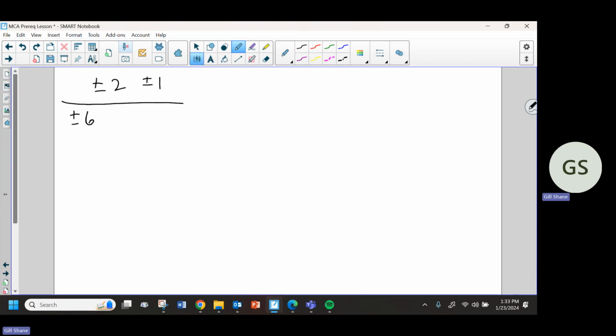So plus or minus 6, plus or minus 3, plus or minus 2, plus or minus 1. All right, so there's all my potential factors, top and bottom. Make all your possible combinations. Plus 2, plus 2. I have a bunch of plus 2s.